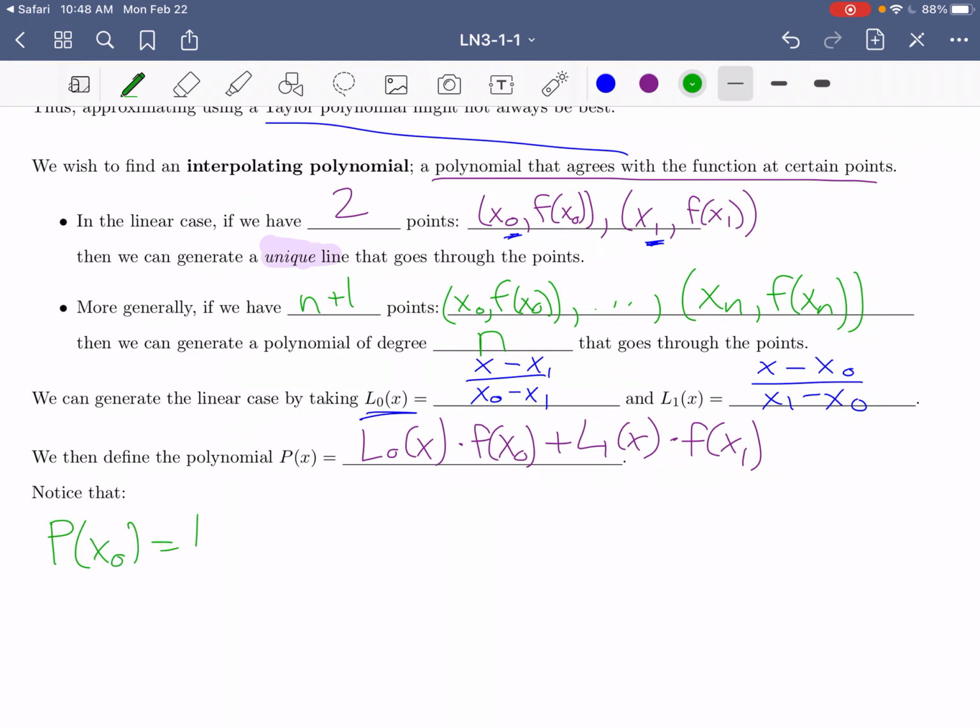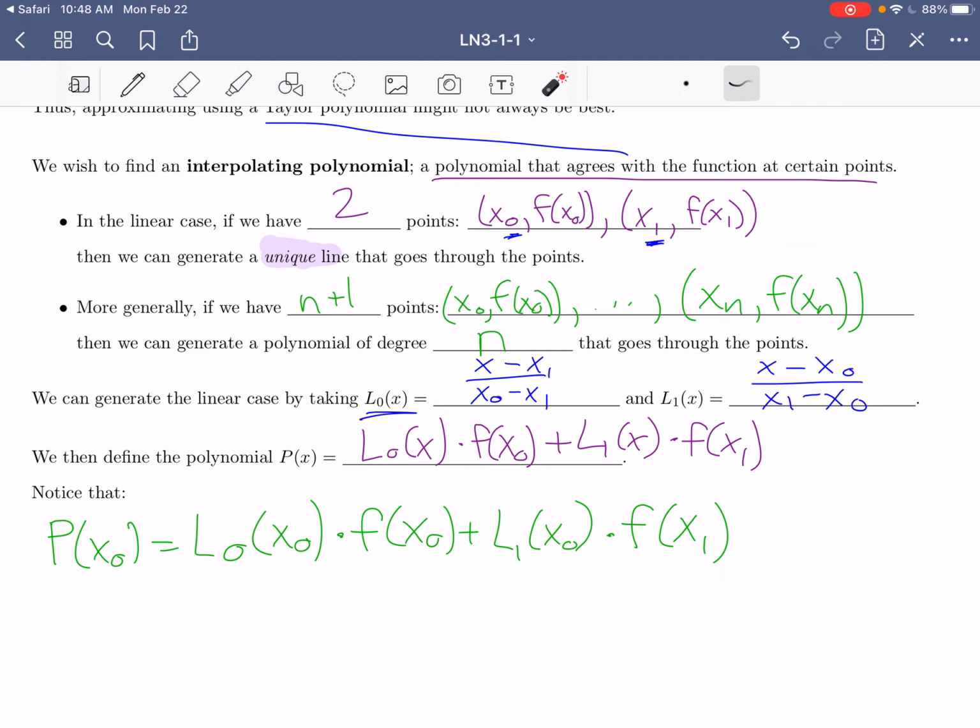So x0 would be L0 of x0 times f of x0 plus L1 of x0 times f of x1. Right? So anywhere that we had just an x before, here we are replacing it with an x0.